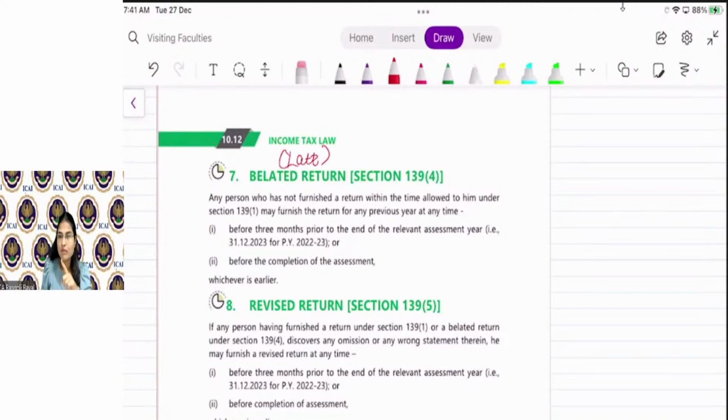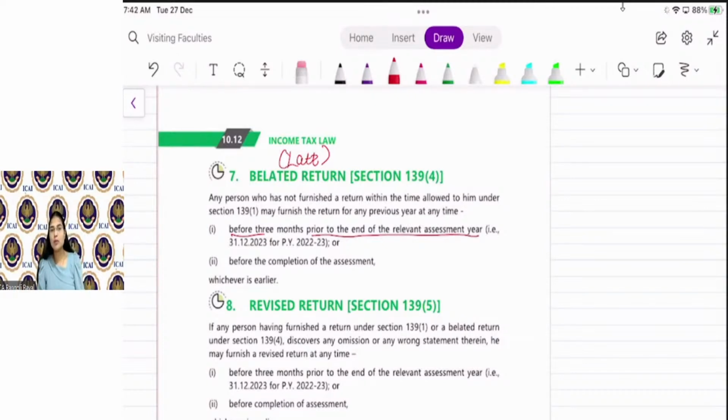But any person who has not furnished a return within the time allowed under 139(1), that is before due date, may furnish return for any previous year at any time before 3 months prior to end of relevant assessment year. That is, in case of previous year 22-23, the assessment year is 23-24.